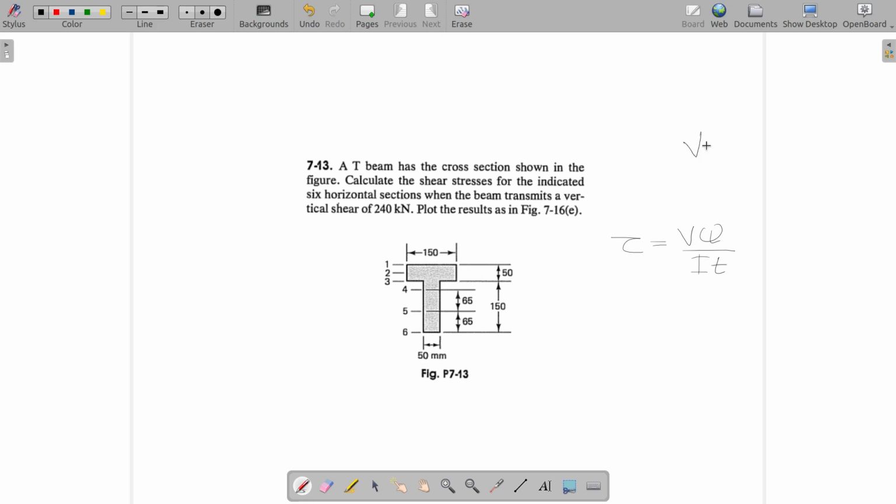So vertical shear is given by 240 kilonewton. That's straightforward. You don't need to calculate V from a given beam loading. It's directly given, no issue.